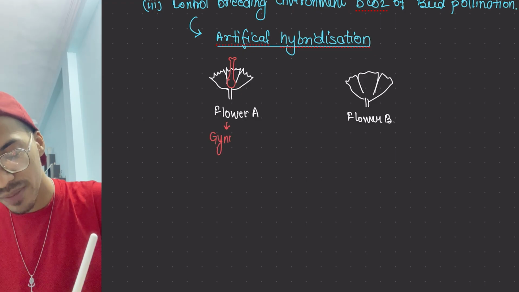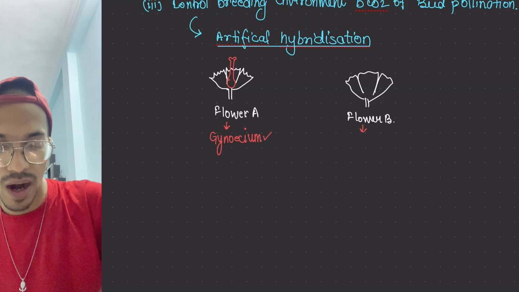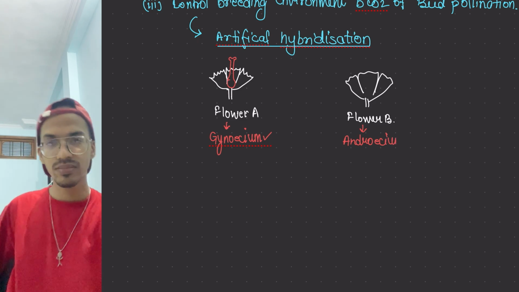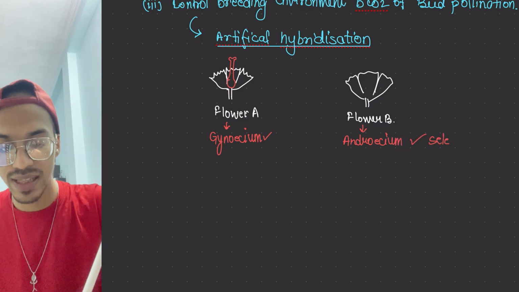The gynoecium part is here and the androecium part will be here. So parents will be selected first.